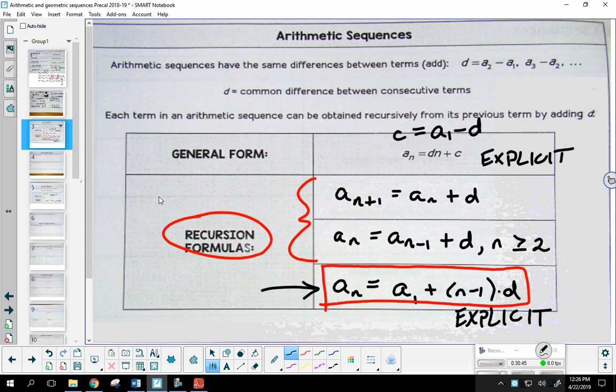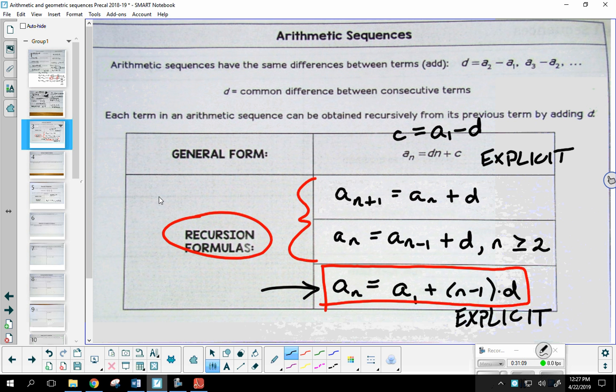A lot of times I'll probably tell you this is an arithmetic sequence, this is a geometric sequence, but if I don't, we definitely want to be able to tell what kind it is. Am I adding something over and over again, or am I multiplying by some value over and over again? And at the very top of this page, it's telling you how to figure out what your common difference is if you decide that it's going to be arithmetic.